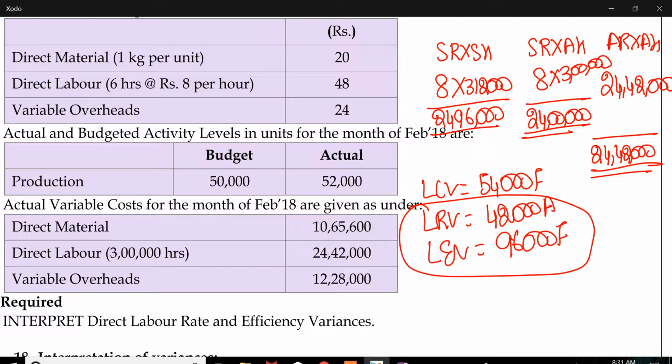Now write labor rate variance. The company has an adverse labor rate variance. Full stop. This could be because of the following reasons.